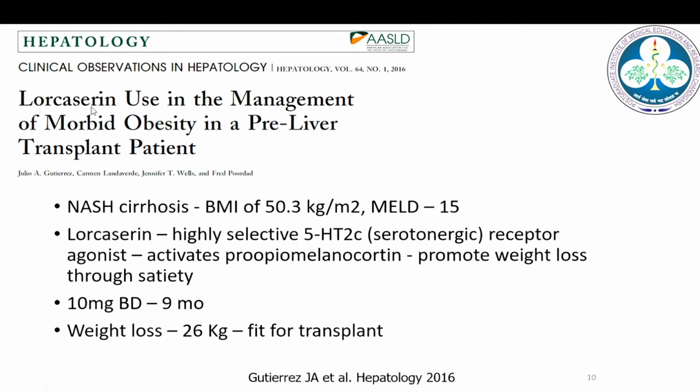It is a serotonin receptor agonist, and there was one case report at that time where they had used this drug in a morbidly obese cirrhotic pre-transplant. But later on, in 2020, this drug was withdrawn from the market. FDA requested the company to withdraw it because of the increased risk of malignancy observed in the safety trial. So this drug is not available.